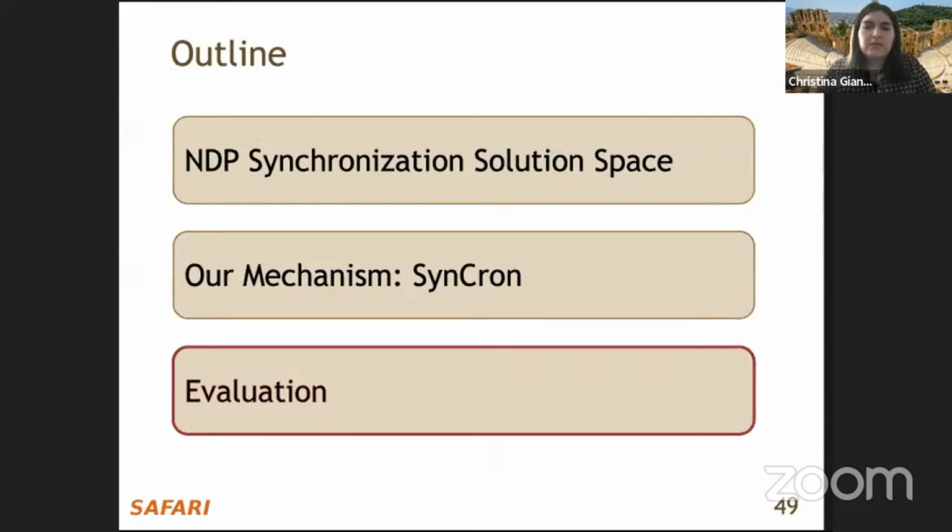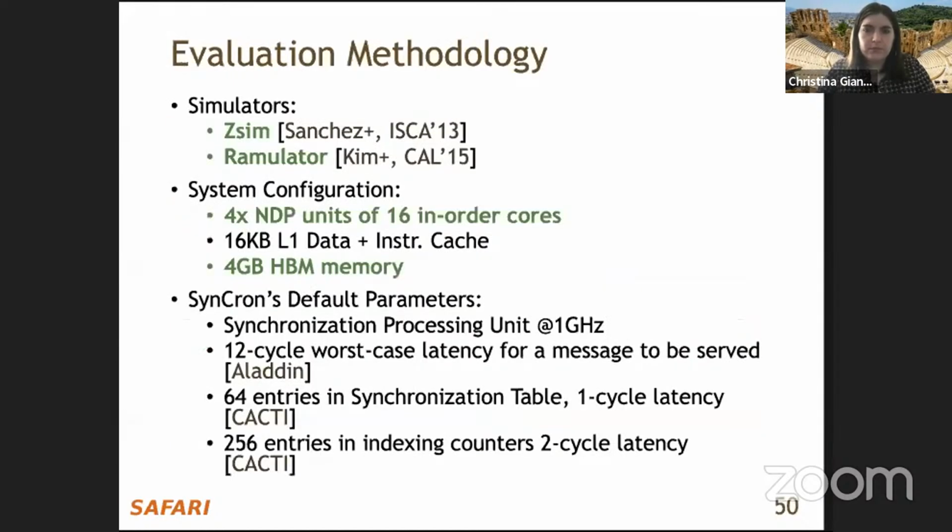So let's now take a look at the evaluation of this work and SynCron's benefits. We use the ZSim simulator, and we configure 4 NDP units, and we use the HBM memory technology. For the SynCron design, we use Aladdin and CACTI, and we simulate the worst case scenario to handle a message, which relates to the barrier primitives, using 12 cycles.